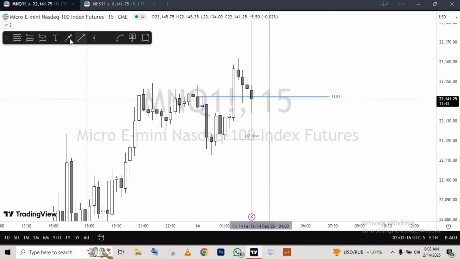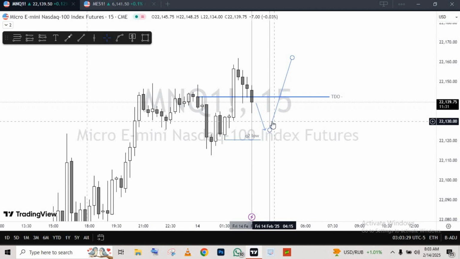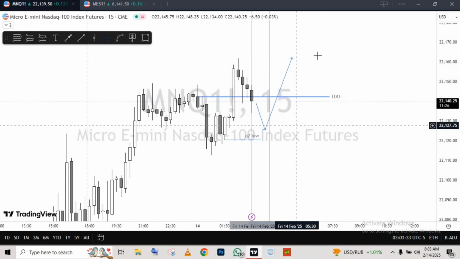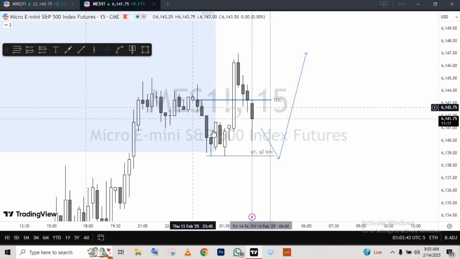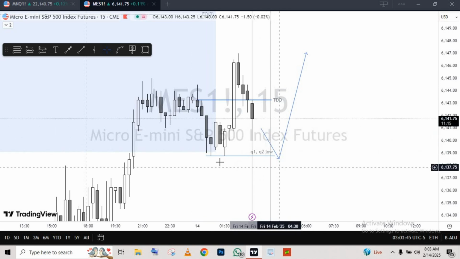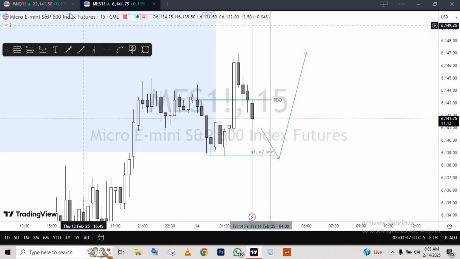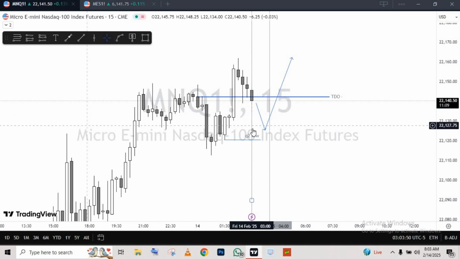Nasdaq might do something like this, and then we may see it reversing from there to target the upside. And when it happens like that, it means you're going to have an SMT, a possible SMT on the London second quarter's low. So I'm looking for ES to really hunt these lows out, and then I'll look for a buy, whilst Nasdaq might not be able to go below these lows, and then we will still see a buy forming there.